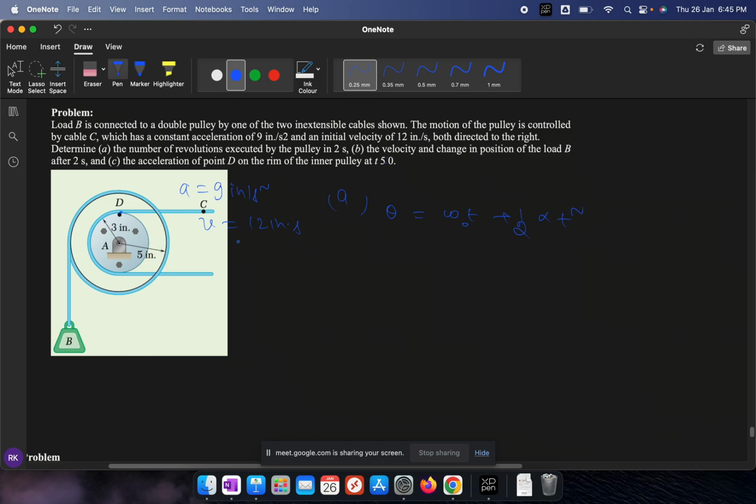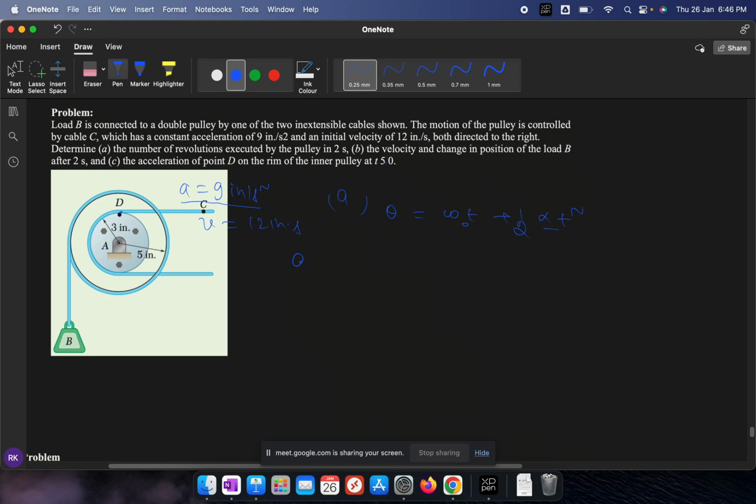Yes, sir. Here A is given, but we need alpha, and alpha is related to the tangential acceleration. Here A is 9 inch per second square, which is nothing but the tangential acceleration.